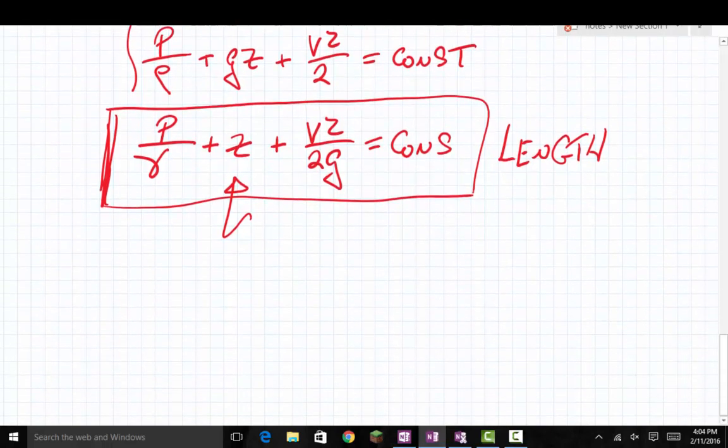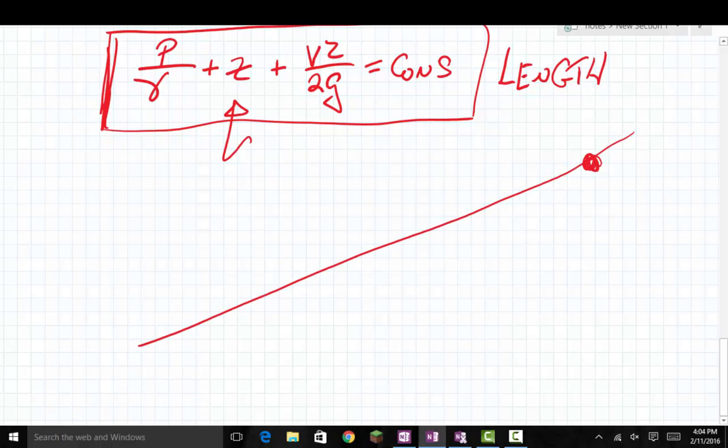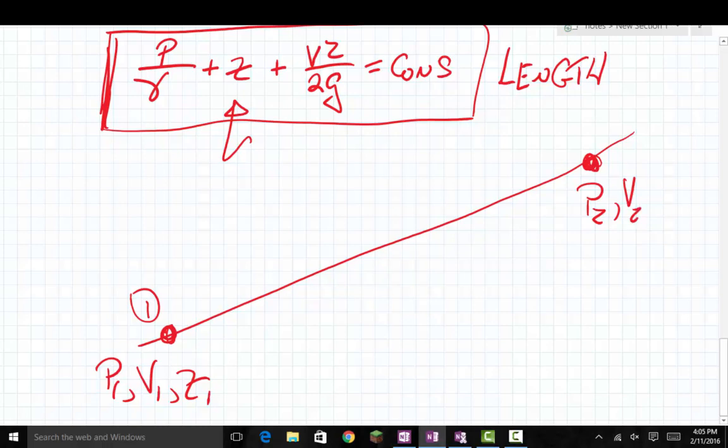All right, so lastly, how do you use this? Well, if I have a point here and a point here, we'll call this 1, you would have a P1, a V1, and a Z1, and over here you would have a P2, a V2, and a Z2.